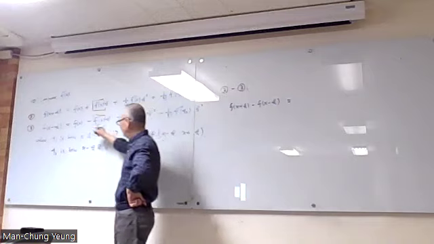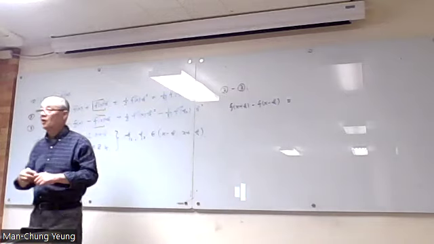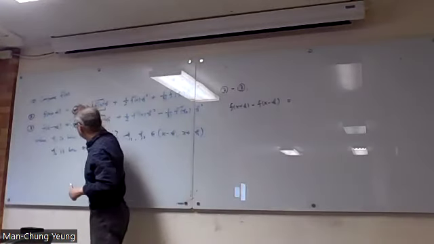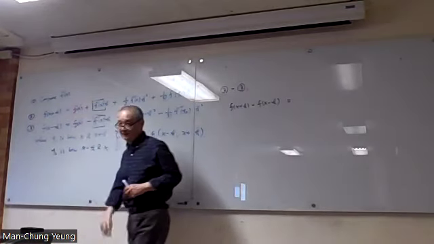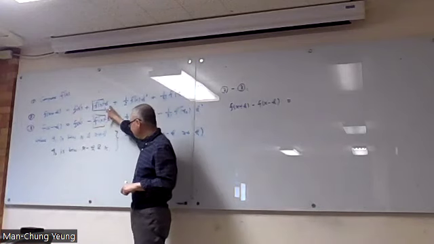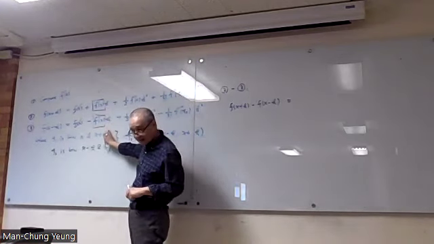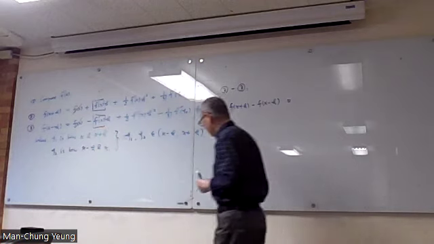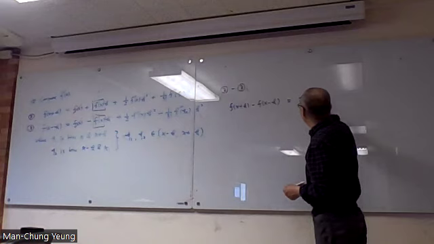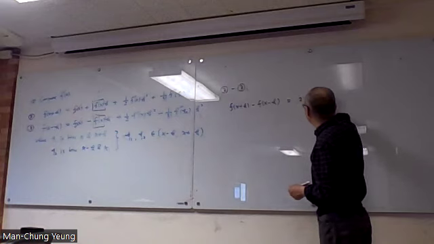So f of x cancels out, right? The second term minus second term is 2 f derivative times h.